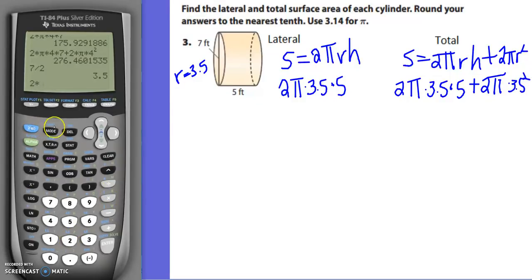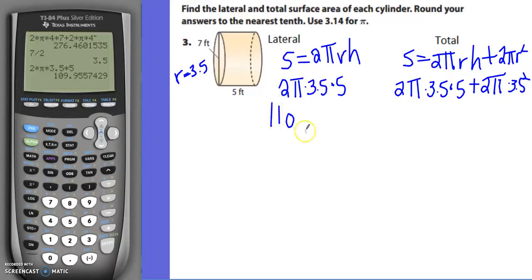Okay, we're going to substitute these in. 2 times pi times 3.5 times 5. Okay, and we're going to round to the nearest tenth. So 109.9, so that's going to be 110 actually. 110 feet squared.